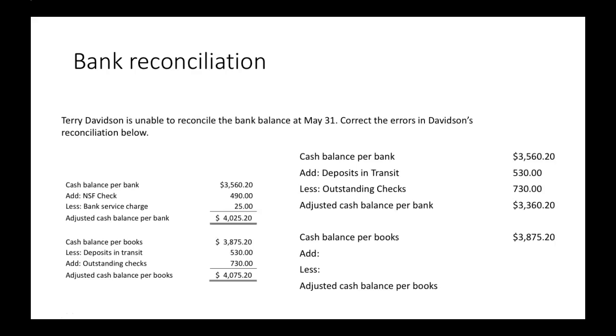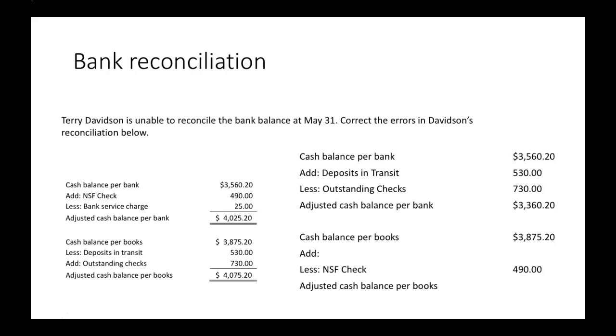It's a check that you thought that you had. You thought you had already received the payment. But then the bank comes along and tells you, nope, that person didn't have the money. So you are then going to have to subtract that out from your cash balance per books.